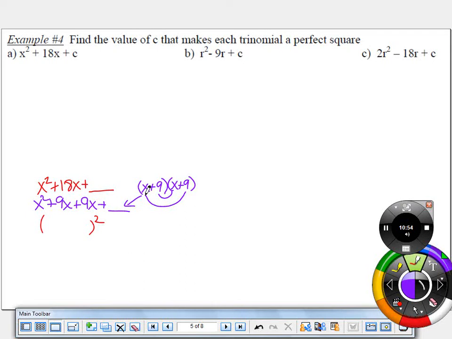It's going to be what the 9 times the other 9 ended up being multiplied together, so 81 would be my c value for this equation.